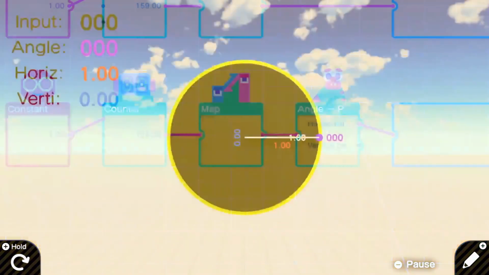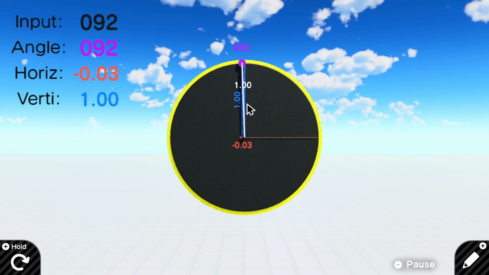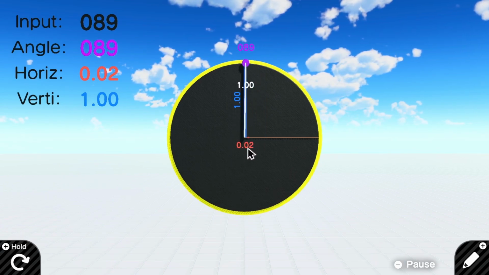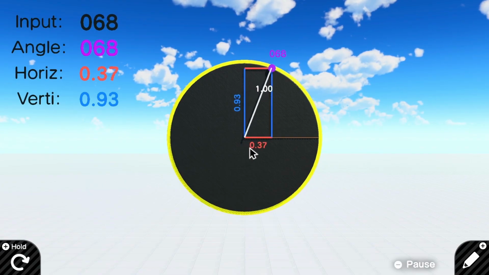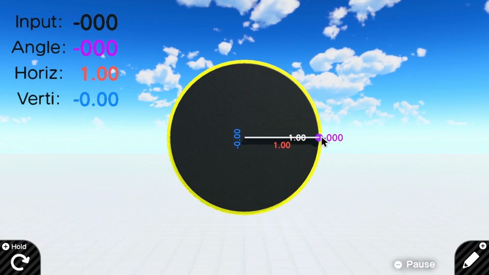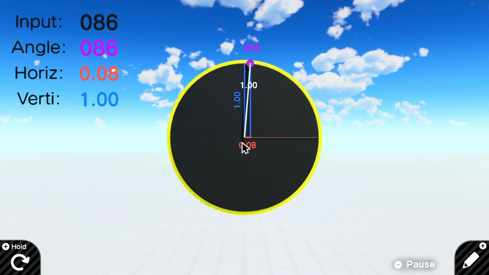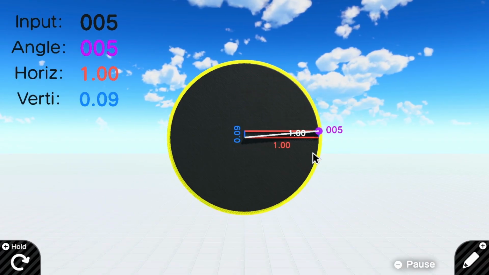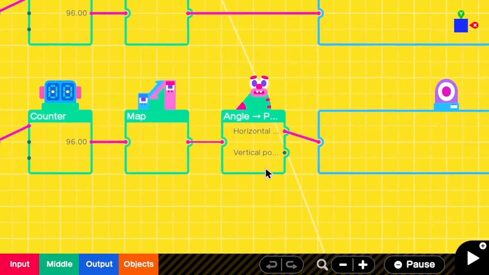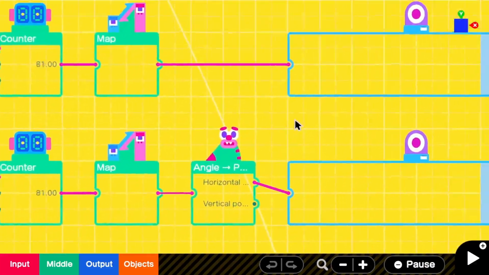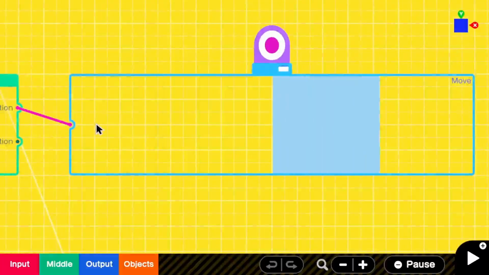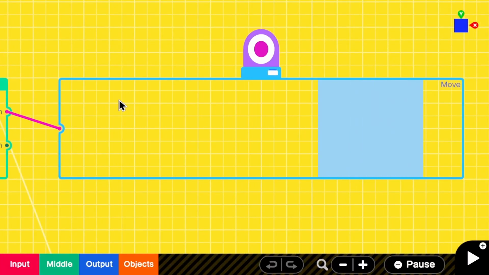So if we recall, if you take a look here at 90, the horizontal output is at 0, then we slowly make it move to 0. You can see that its x slowly approaches from 0 to 1. So we can make use of that behavior, and instead of making our block move at constant speed, we can make it do something like this, where it starts fast and gradually slows down as it reaches the edge.